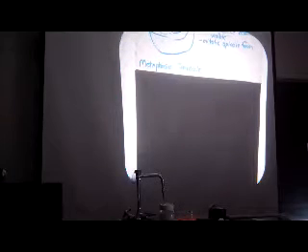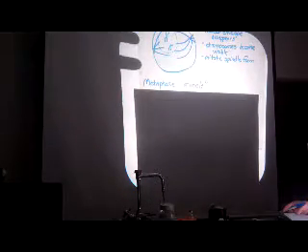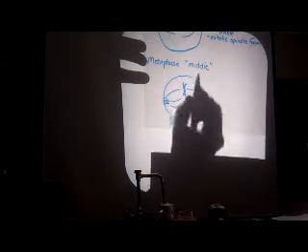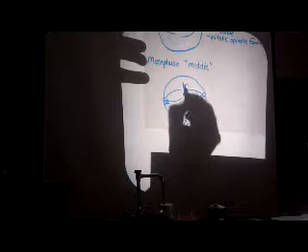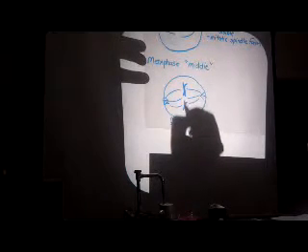Next phase, metaphase, and it's easy to remember what happens at metaphase. Those 2 chromosomes, which I just drew above, are going to line up in the middle of the cell, as I have shown here.